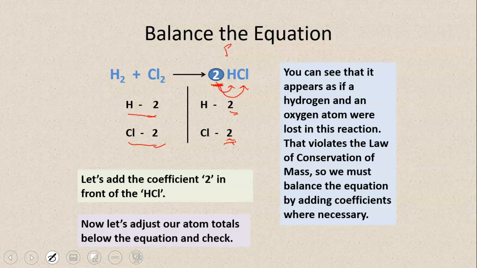So the correct way to actually write this balanced equation would be to write H2 reacts with, sorry, that's not a very good plus sign there. My computer screen is bouncing. Reacts with Cl2, and that yields or produces 2HCl.